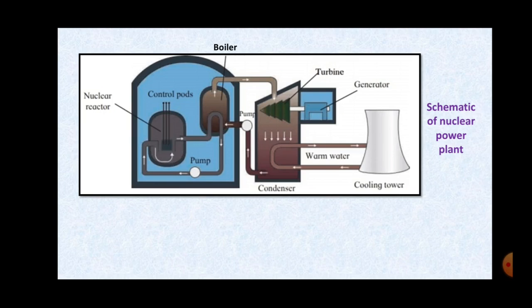This steam in turn, with its kinetic energy, rotates the turbine. Now again the condensation of steam takes place, and this steam after condensation goes back into the nuclear reactor. The turbine in turn rotates the generator, and then the electrical energy is produced.